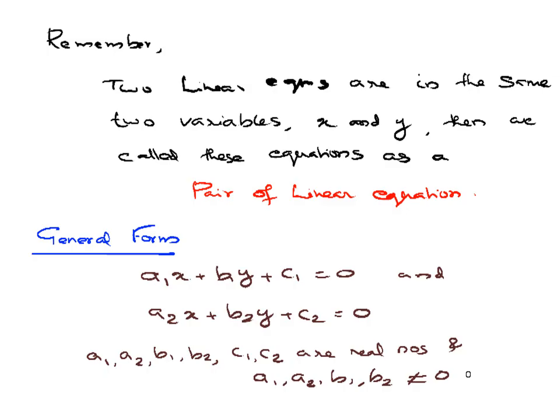The general form is a1x plus b1y plus c1 is equal to 0 and a2x plus b2y plus c2 is equal to 0. Here a1, a2, b1, b2, c1, c2 are real numbers, and most importantly a1, a2, b1, b2 are not equal to 0.